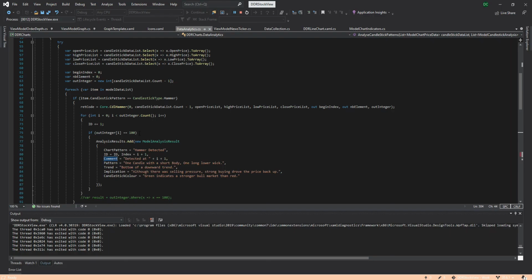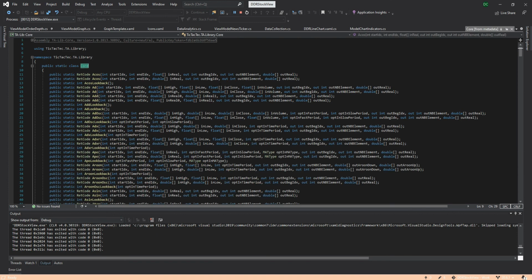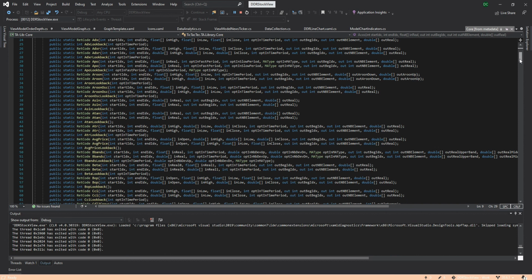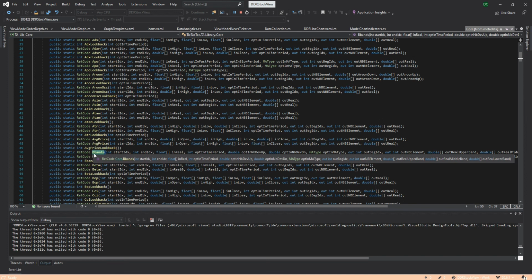Yeah. And if you look at the code, it's basically using this external library, the tic-tac-tech.ta.library.co, and I'm using the candle hammer. If you inspect the class, you can see that it has all the functions that I'm using for Bollinger Bands.